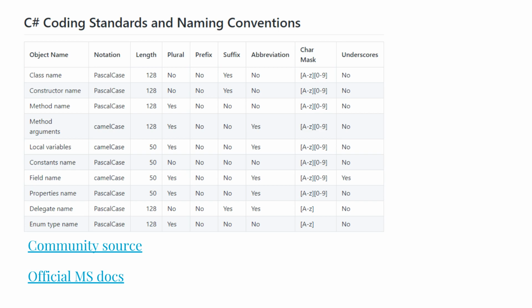Class names, constructors, method names, constants, properties, delegates, and enums are all Pascal case, meaning that every word is capitalized. First letter, I mean. Some people think that constants should be fully capitalized, and that's not true.